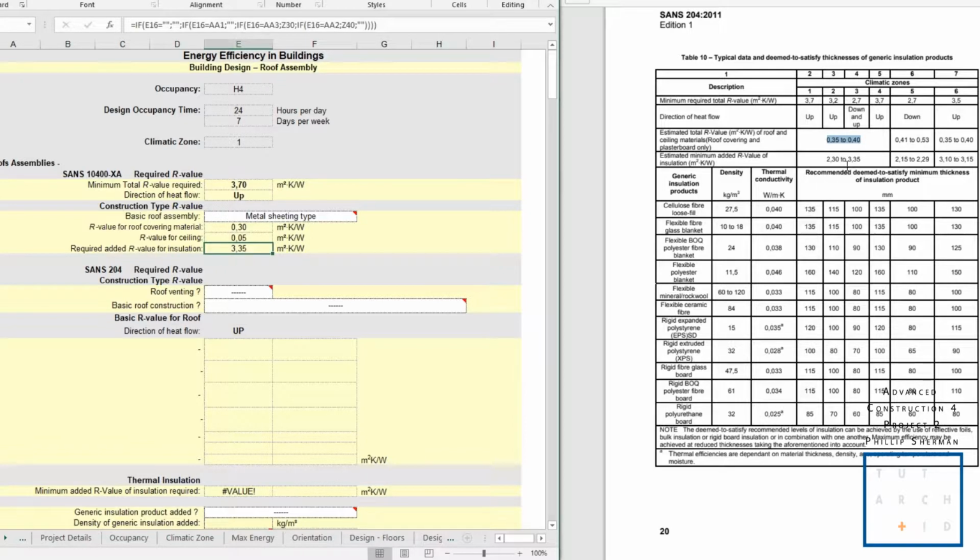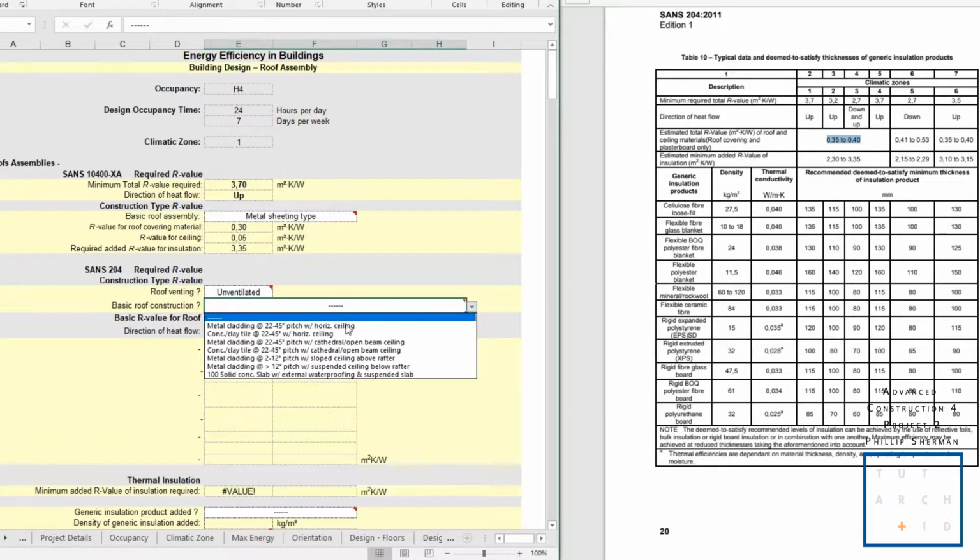Same as if I want a 3.35 resistance of insulation, I need to choose one of these in their thickness to allow for me to have a 3.3. Is my roof ventilated? It's unventilated. Let's do the basic construction of the roof. It will be metal cladding, pitch, cathedral, open beam.